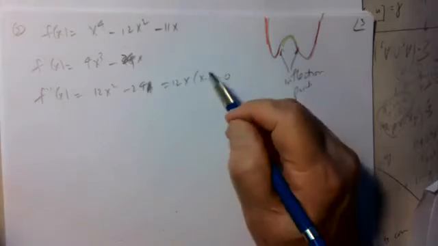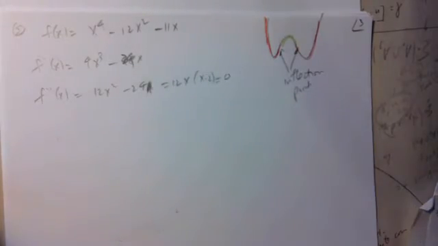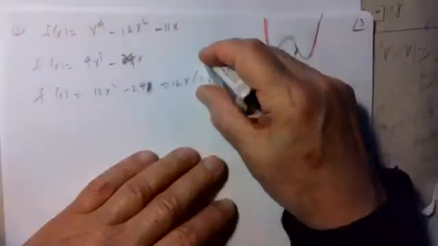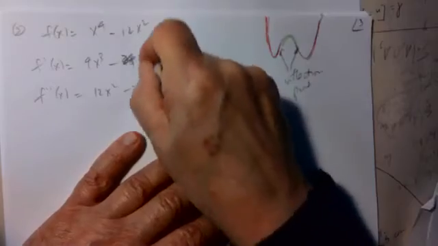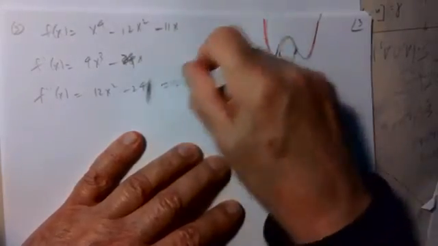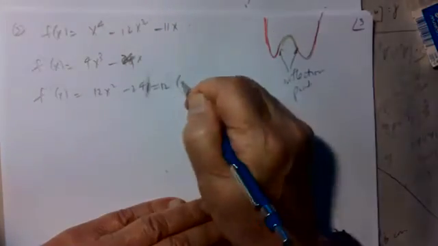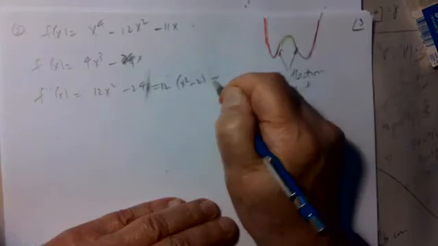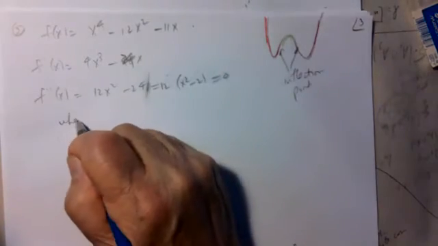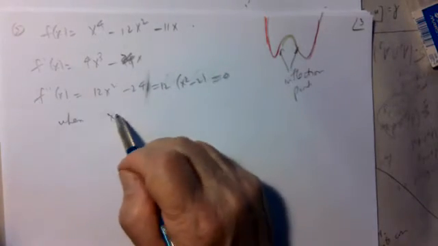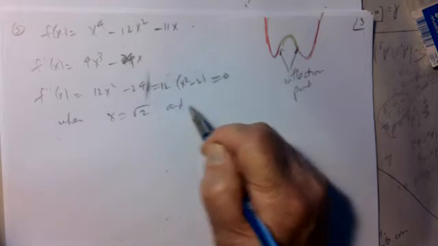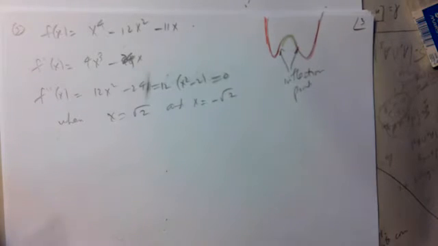Oops, minus 24x. Let me do this right. 12x cubed minus 24x. So that's equal to 12 times x squared minus 2 equals 0. And it equals 0 at 2 places, when x is plus the square root of 2 and x is minus the square root of 2.